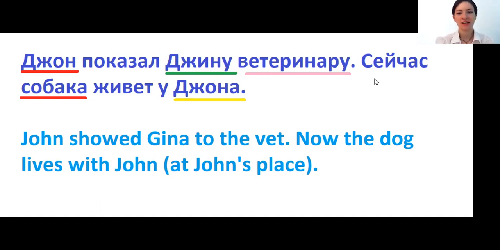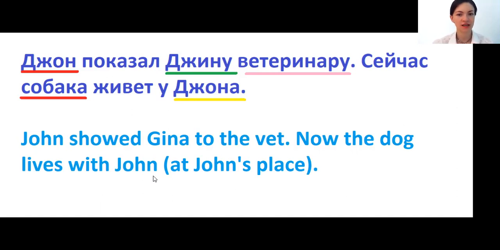And next sentence. Сейчас собака живет у Джона. So собака, here it's nominative case because it is a subject, right? Живет у Джона. I Google translated this to English and Google suggested this translation: now the dog lives with John.